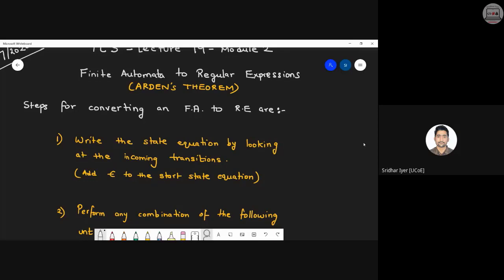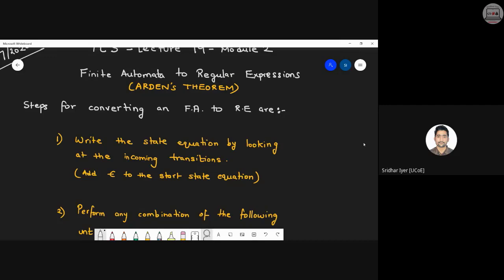You have to write the state equations of all these states by looking at the incoming transitions. For every state, kindly have a look at the incoming transitions and write the state equations. I will show you how to write the state equations. For the time being, just think of it like that. You have to check every state and see what is the incoming transition to that state.